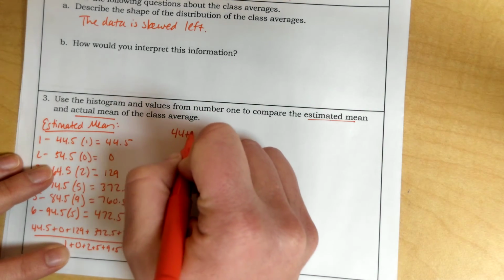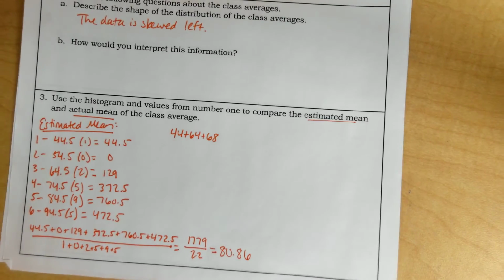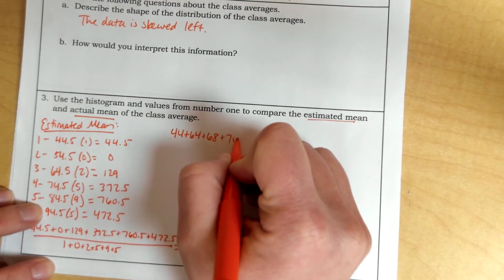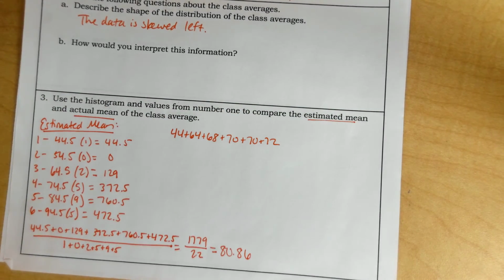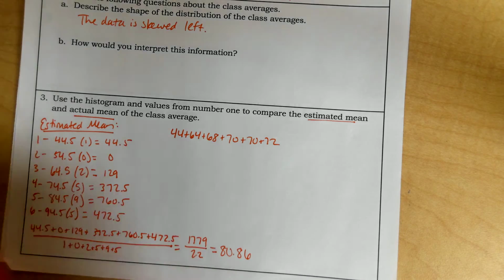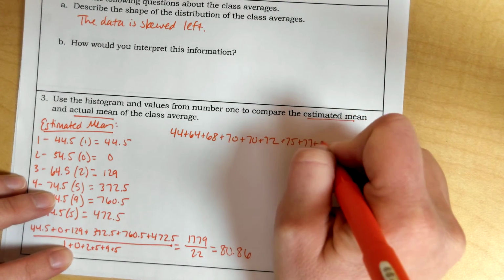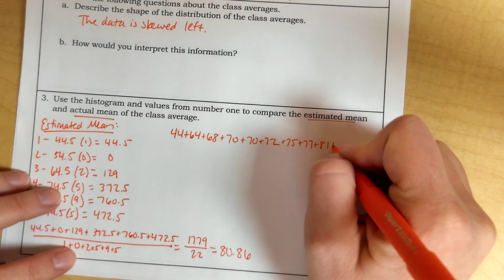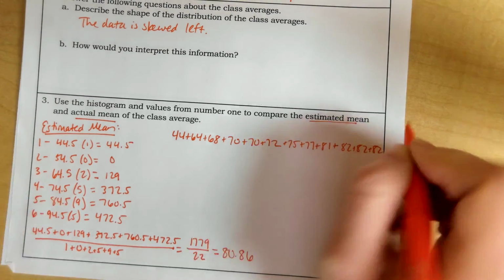So 44 plus 64 plus 68, and I'm going to type these into my calculator as I go, plus 70 plus 70 plus 72. So add those. 75, 77, 81. And then we're going to keep adding 82 plus 82 plus 82.